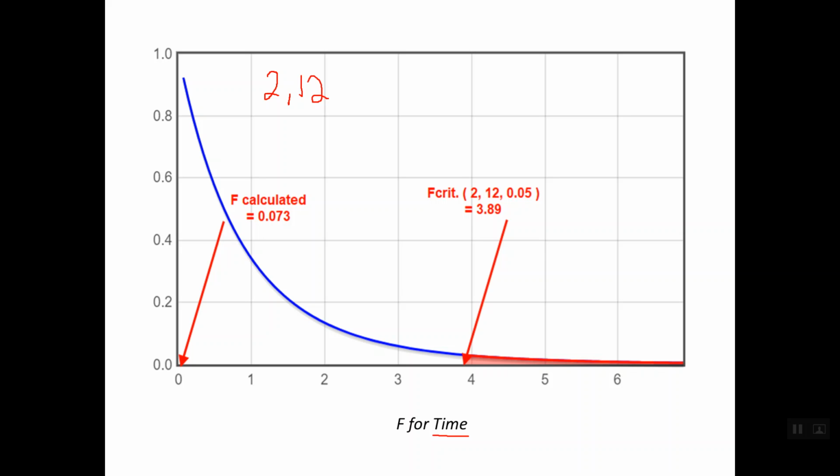And regarding the critical value for F, we already got it to be 3.89, and notice that the area in the right tail, to the right of this critical value, is the probability, which is 0.05.